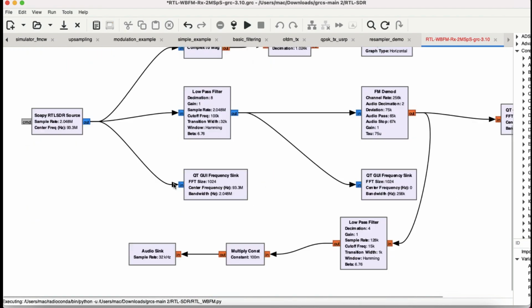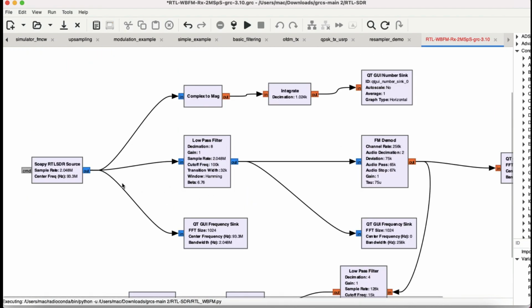The second part of this flow graph is going into a low pass filter that has a decimation of 8. 8 is just a decimation factor. You have to remember that once you have these filters and rational resamplers, where you are setting a decimation factor or interpolation factor more than 1, you have to change the sample rate for the following blocks.